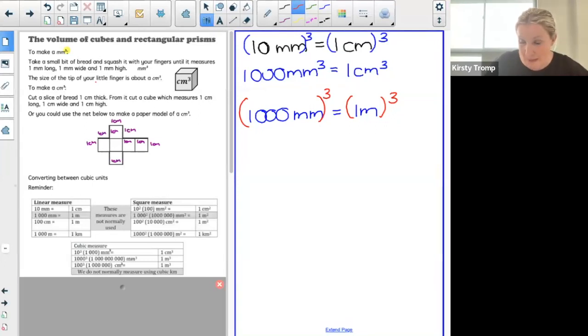So, 1,000 times 1,000 times 1,000. My goodness, how many zeros am I going to have now? 1, 2, 3, 4, 5, 6, 7, 8, 9 zeros: 1,000,000,000 millimeters cubed equals 1 meter cubed.